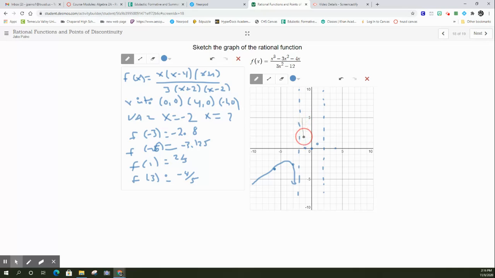It's not exactly a parabola, but it's not symmetrical. And then f of 3, I got negative 4/5. So it looks like that's going to be looking like that.